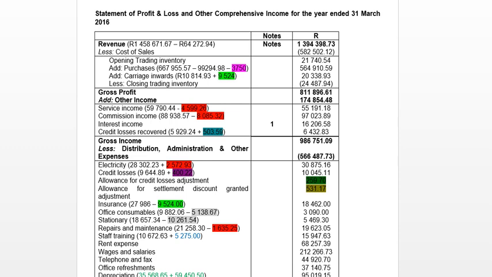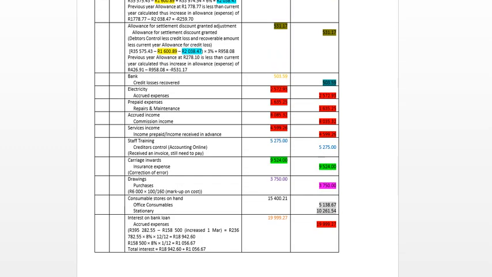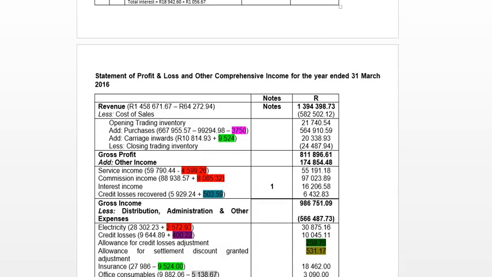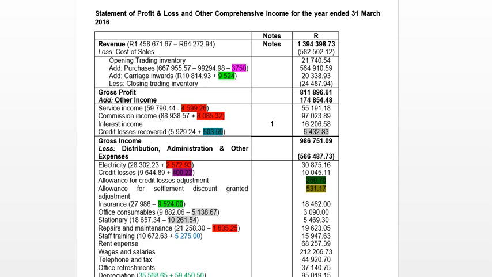So our commission income has to increase to get to 97,023 Rand and 89 cents. And our credit losses recovered according to our trial balance was 5,929 Rand and 24 cents. Add to that was this person who paid us back at a later stage of 503 Rand and 59 cents.